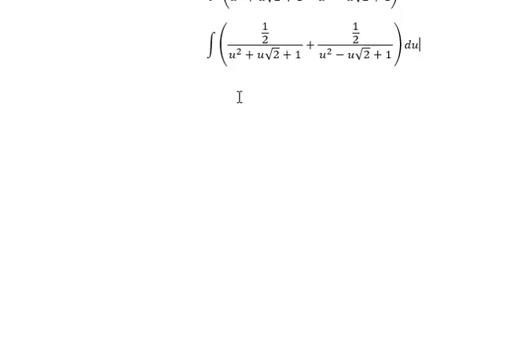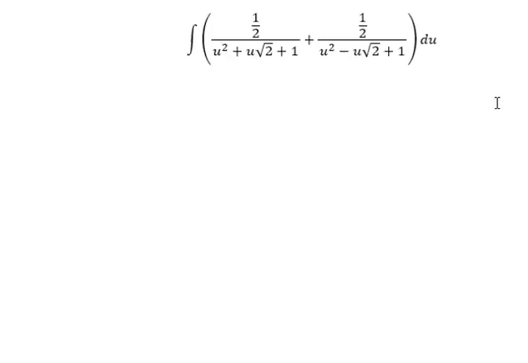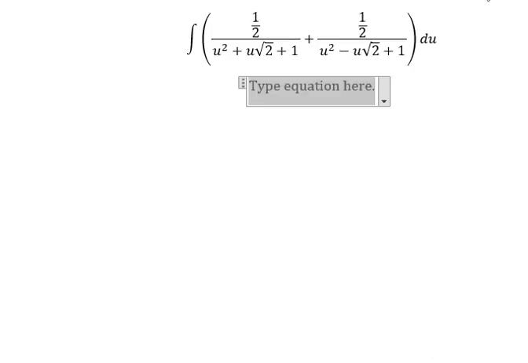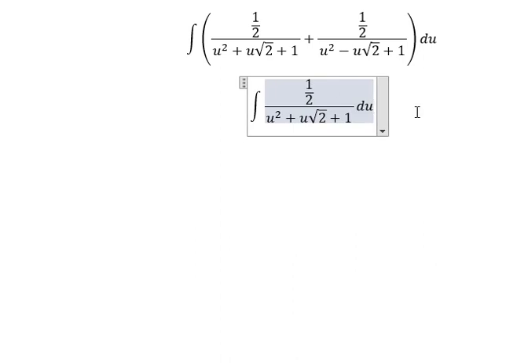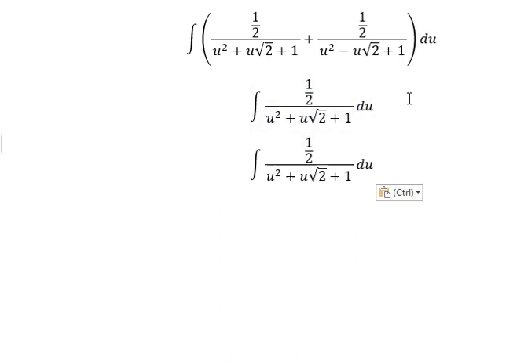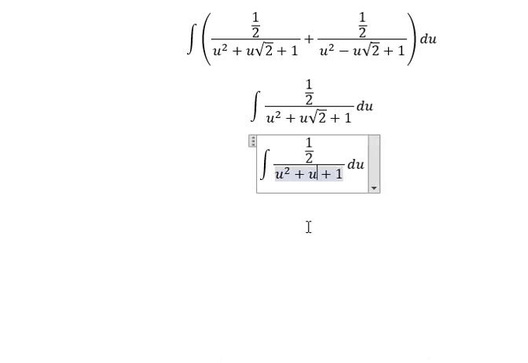Now, I will focus about this one. About the square root of number 2, I will put number 2 multiplied by the square root of number 2 over number 2.